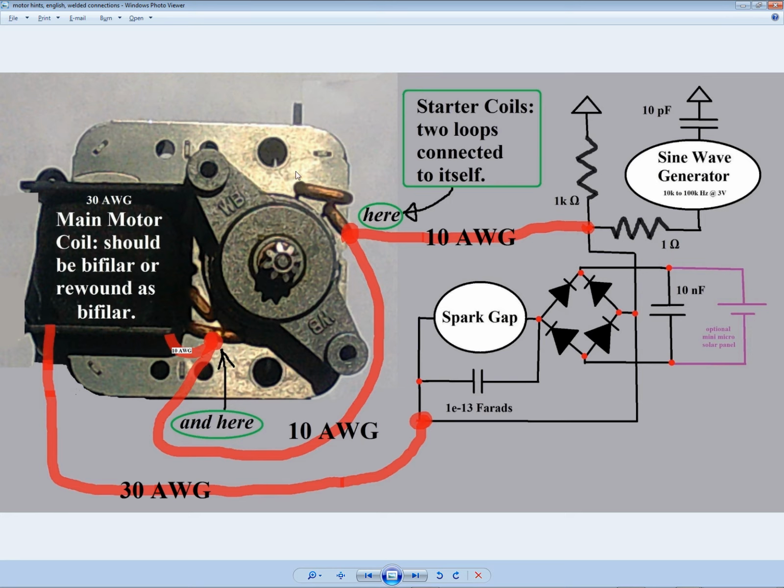But if you do broadcast, it'll be through the air and it'll be from the rotor, because that's uniting the high current of the starter coils with the high voltage of the motor coils, bifilar coils, into the rotor. And so these magnetic plates are going to broadcast an electromagnetic field as well. So this whole magnetic armature is going to broadcast, as well as the rotor itself, because this is the transferring mechanism between the rotor and the main motor coil and the starter coils.